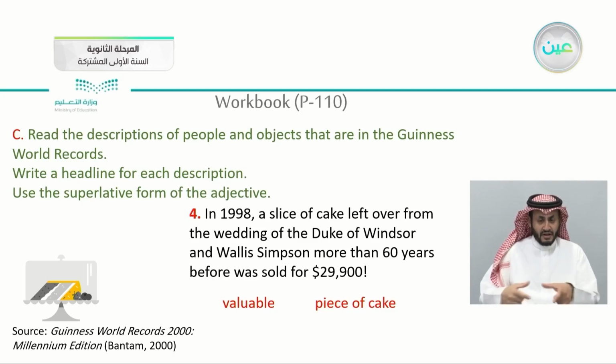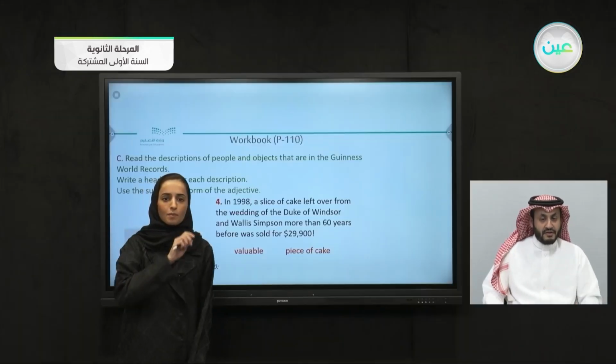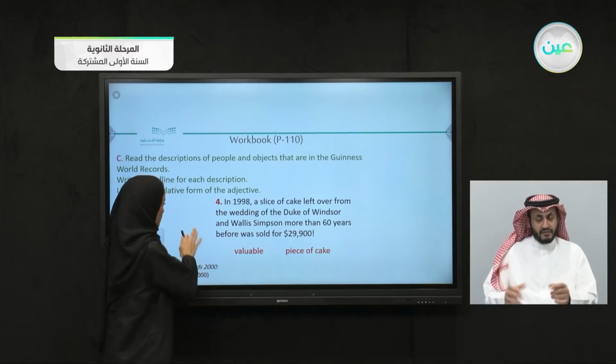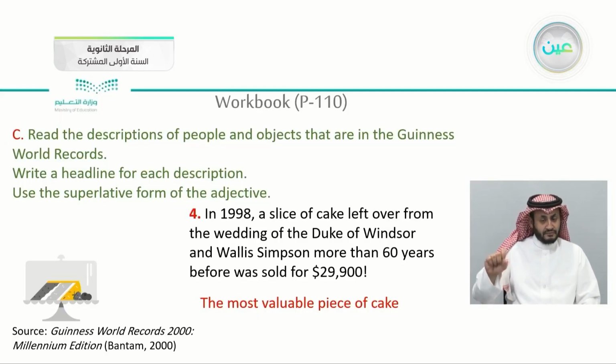We're speaking about a cake or a piece of cake. It is valuable. Valuable, 2-syllable adjective. Long one. So we will use it is the most valuable piece of cake. The most valuable piece of cake. This is if we're having a long adjective.